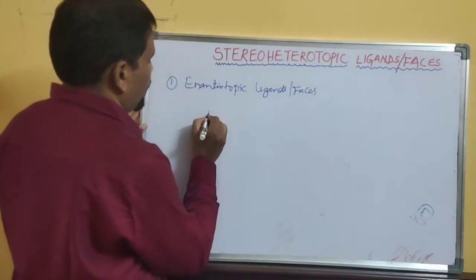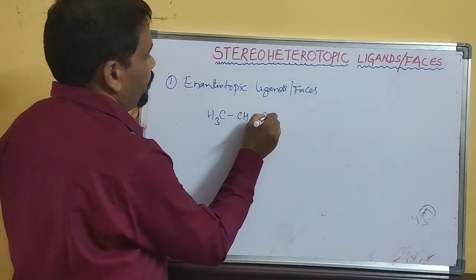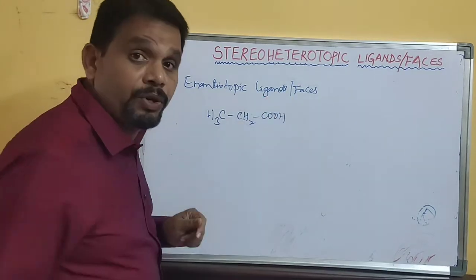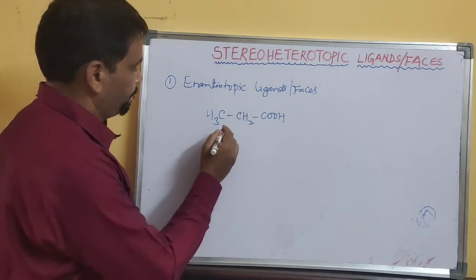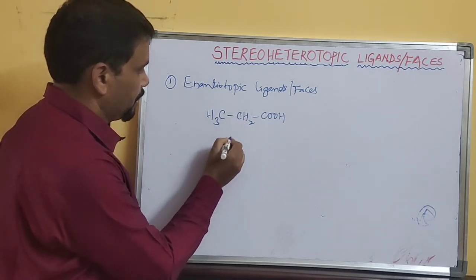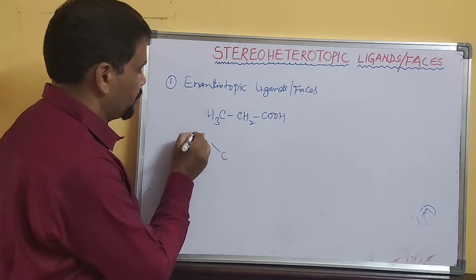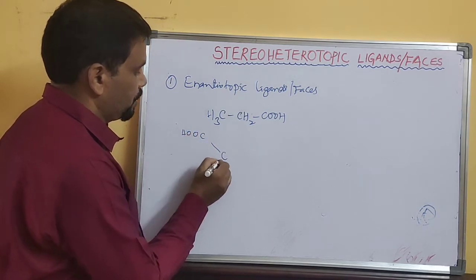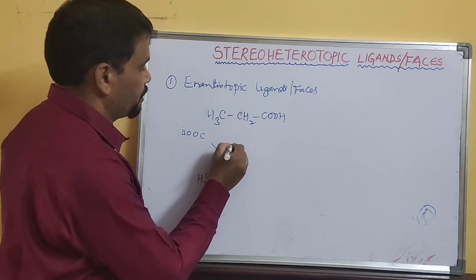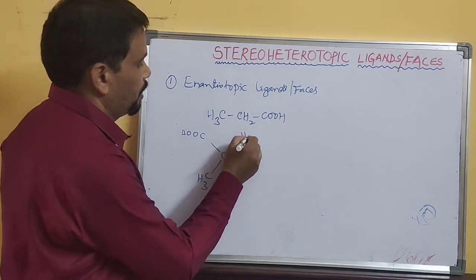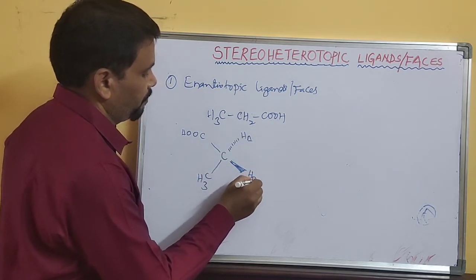Propionic acid, I'll give you this example also, CH3CH2COOH. So this is the propionic acid. So you can write this center carbon here and one COOH attached and one CH3 attached and two hydrogens, Ha and Hb.